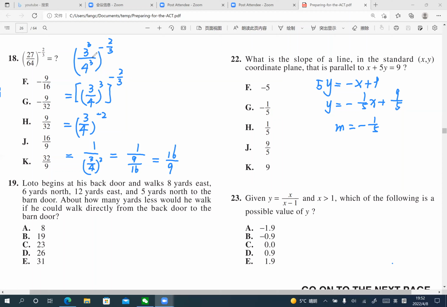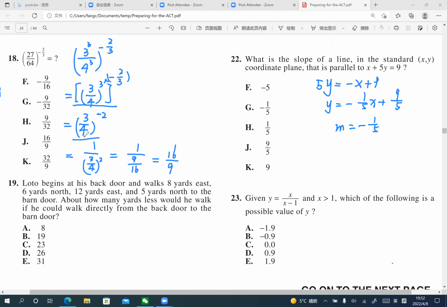Continue. 3 cubed divided by 4 cubed, we can rewrite as 3/4 to the power of 3, then to the power of negative 2/3. By the power rule of exponents, this expression equals 3/4 to the power of 3 times negative 2/3, which is negative 2.